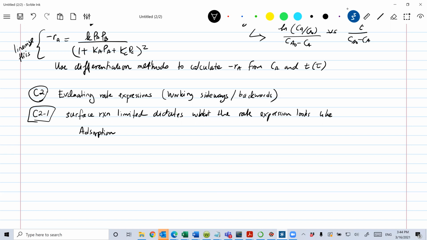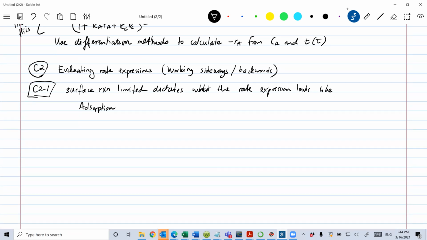Now, if it's Langmuir-Hinshelwood, I'll give you some data, and you could say, okay, if I fix two of my species and the third one is changing, what is happening to the rate? Like I said, working a little bit backwards.